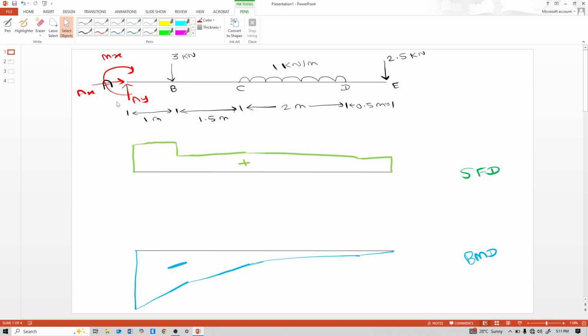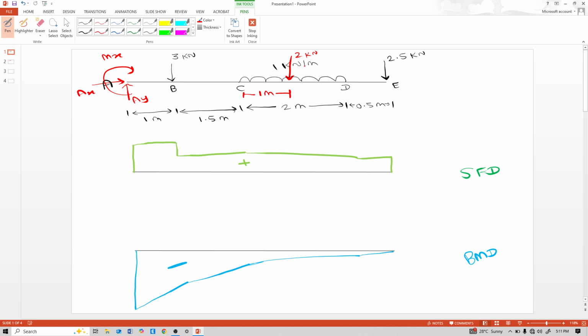So this AY is vertical, minus 3, 3 is downward. This 1 kN per meter acts on a 2 meter distance, that means convert this UDL into a point load. This is 1 into 2, 2 kN point load, and it acts at the center of CD, that means 2 by 2 is 1 meter.